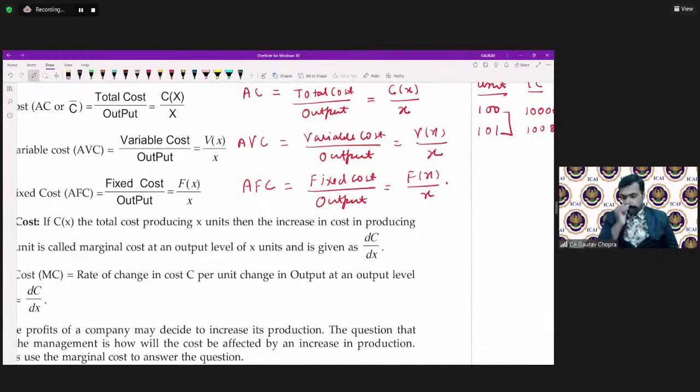Manisha is asking, in case of demand, how is derivative different from elasticity of demand? See, in case of demand, we are simply seeing the relationship. What is the relationship? That is simply positive or negative. In demand, we cannot quantify, because demand is a qualitative statement. The law of demand tells us simply the direction, positive relation or negative relation.